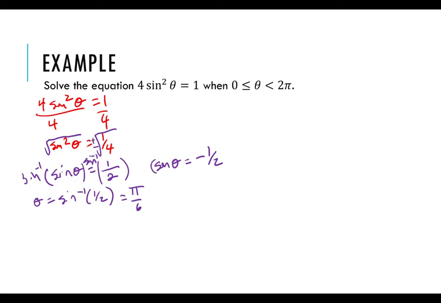But then, take sine inverse of both sides for this one. Thus, we have theta equal to sine inverse of negative 1/2. But based on our range values for sine inverse, that's specifically going to be negative pi over 6. Okay, so we got a little bit of work to do because we want our solutions between 0 and 2 pi, and negative pi over 6 isn't there, and we might not be done yet anyway.